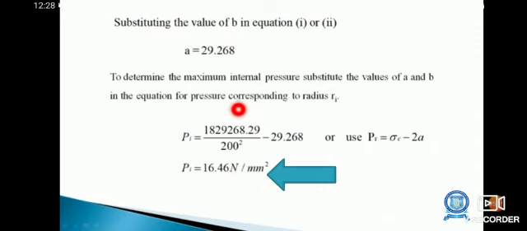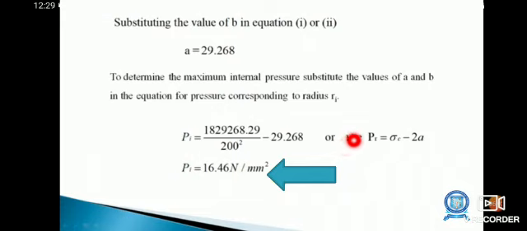The maximum internal pressure Pi is equal to B divided by 200 square minus A, which is 182926.829 divided by 200 square minus 29.268. Simplifying, we get the internal pressure 16.46 Newton per millimeter square.